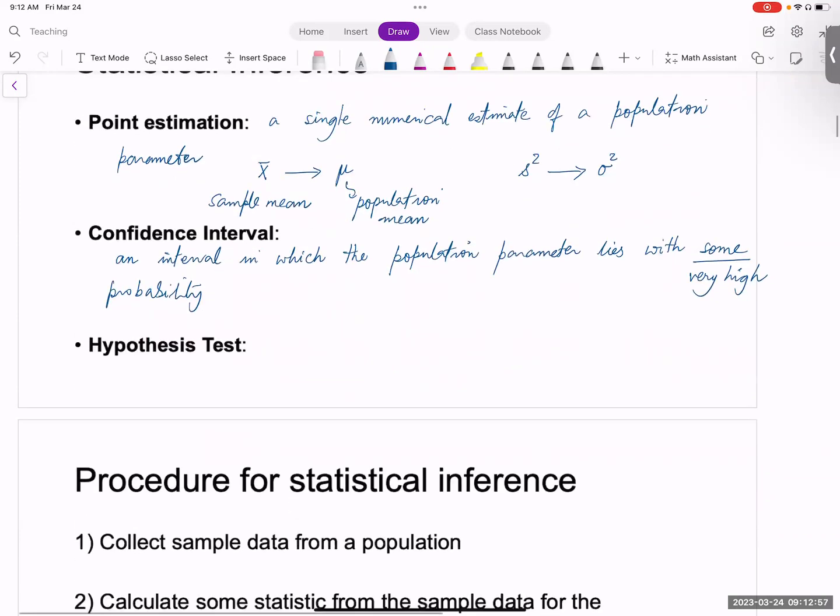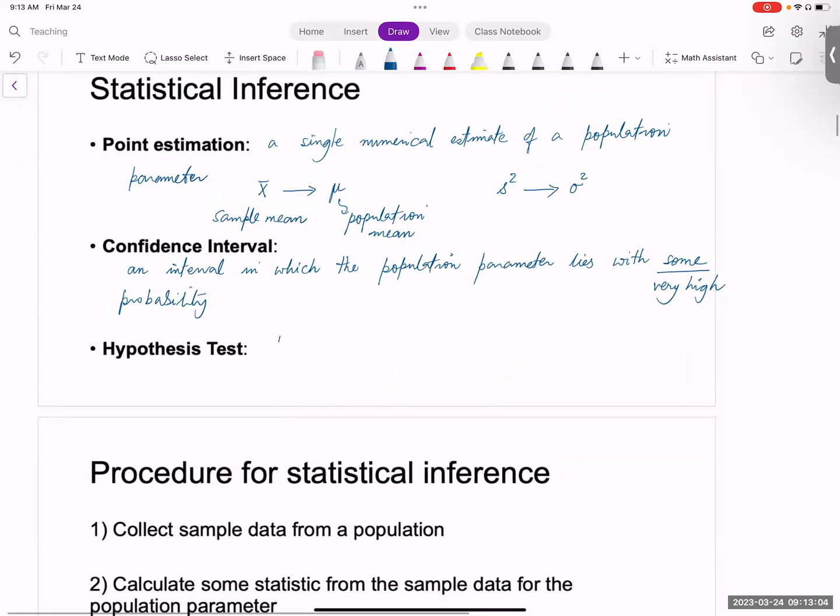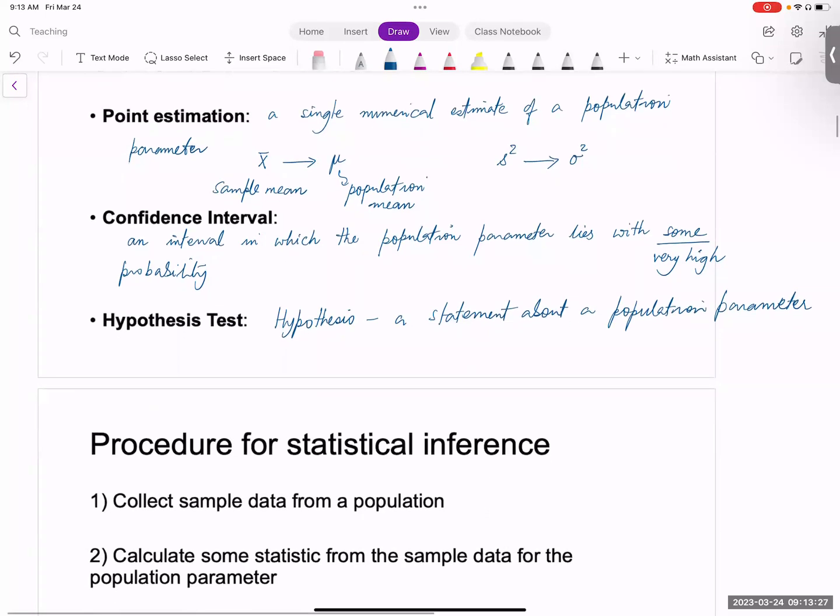And then the last one is hypothesis testing. When we say hypothesis testing, we basically start by defining a hypothesis. So a hypothesis is a statement about a population parameter. So you make some statement about the population parameter, and then we use data to verify whether the hypothesis is true or not.